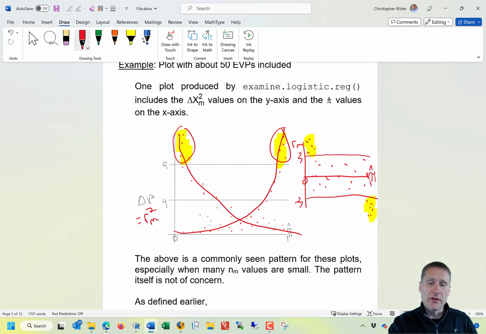You can imagine a particular case if, let's say, n sub m is equal to 1, and if I have a low pi hat, but w sub m ends up being 1, well, what's going to happen is I'm going to have some value up there. I know that that particular delta chi-squared value is not necessarily going to be well approximated by a chi-squared distribution. Okay.